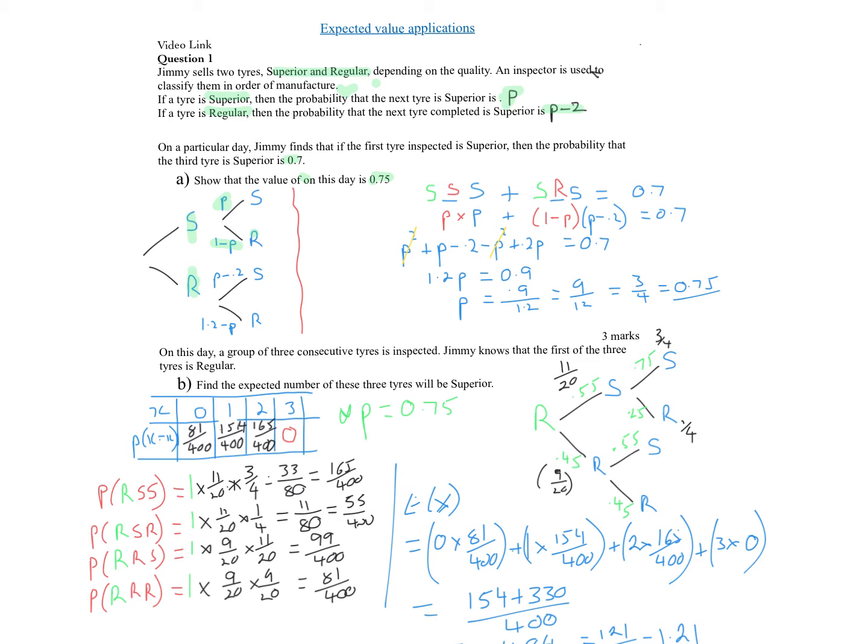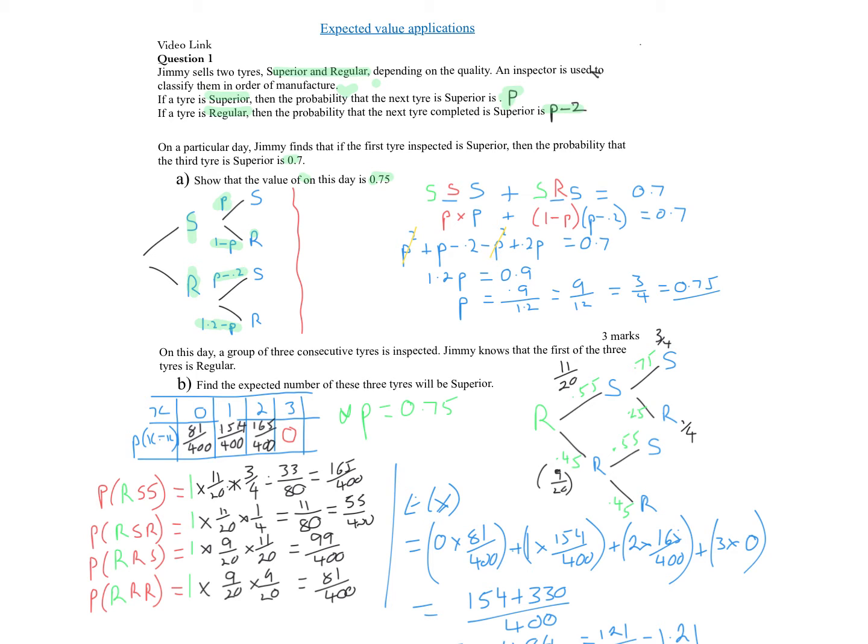If my tyre is R, the probability of the next tyre being superior is P minus 0.2. So the next tyre being regular is 1 minus (P minus 0.2). If we distribute that negative sign through, you get 1 minus P plus 0.2, which gives me 1.2 minus P. So there are my probabilities depending upon what the previous tyre is.